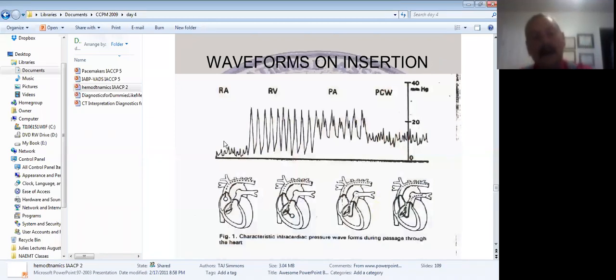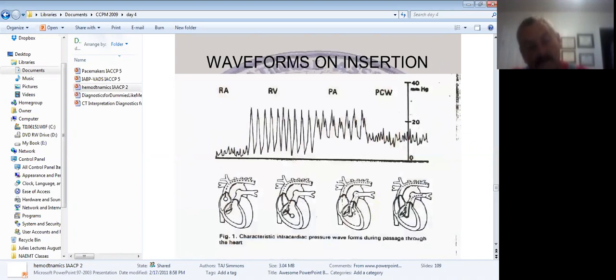As the device is being inserted, these are the waveforms that you would see if you happen to be there. When the tip of the balloon is in the right atria, you get those CVP type readings. Then as the balloon tip is advanced into the right ventricle, you get something on the pressure wave that looks almost like VTAC.